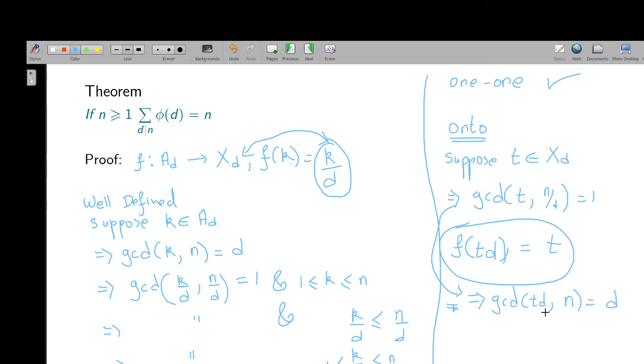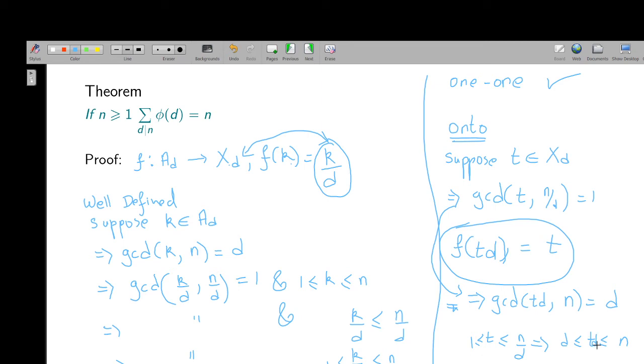So GCD of td and n is d, and also as t lies between 1 and n by d, because t is in X_d, multiplying throughout by d, we will see that d is less than or equal to td, less than or equal to n.